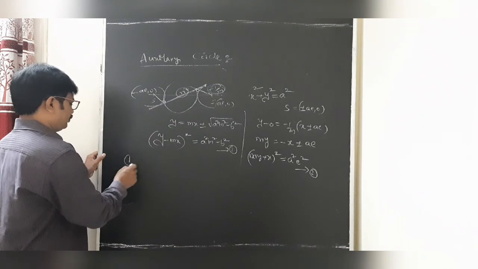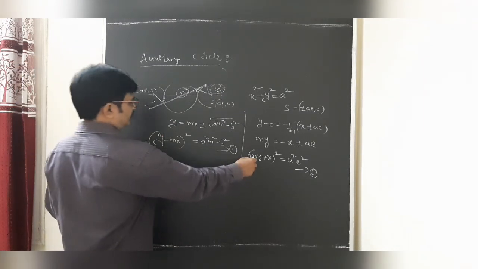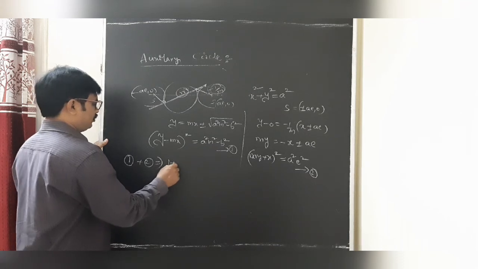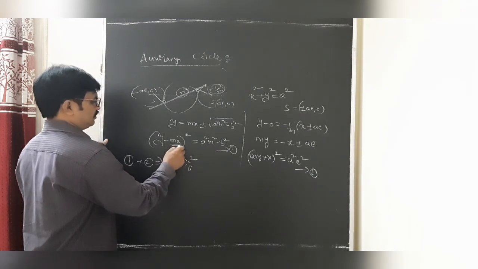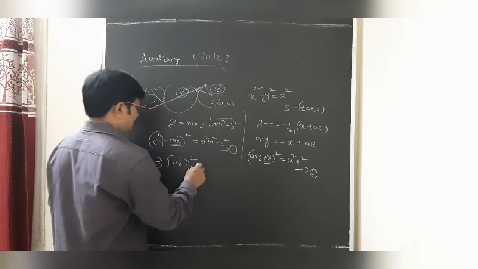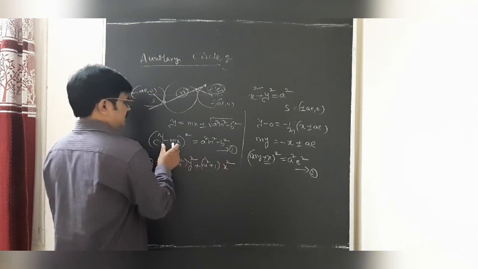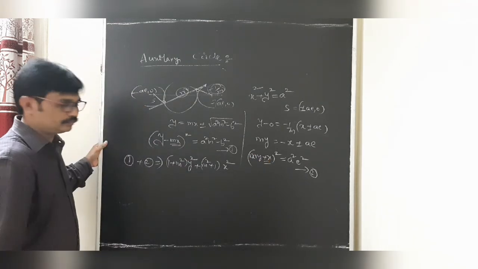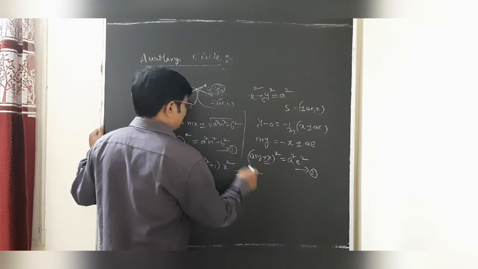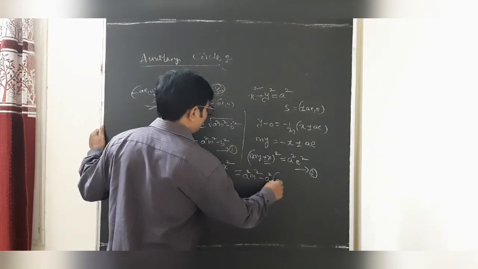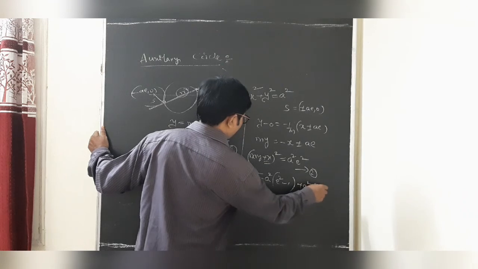Dear students, when we are taking 1 plus 2, that implies m square y square is there. Now we can write 1 plus m square into y square equals m square x square plus x square. So students, (m square plus 1) into x square, minus 2aem plus 2aem are cancelled. So student, this can be written as a square m square minus b square, which is a square into (e square minus 1), plus a square e square.